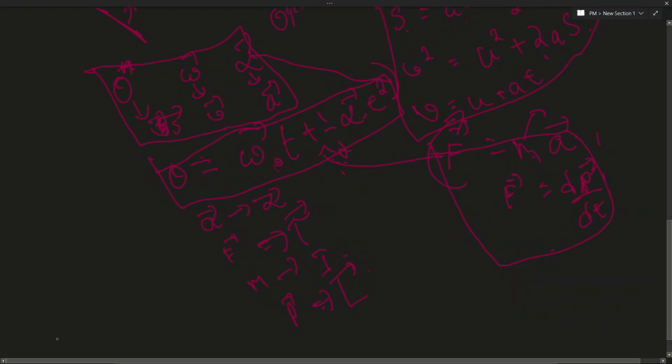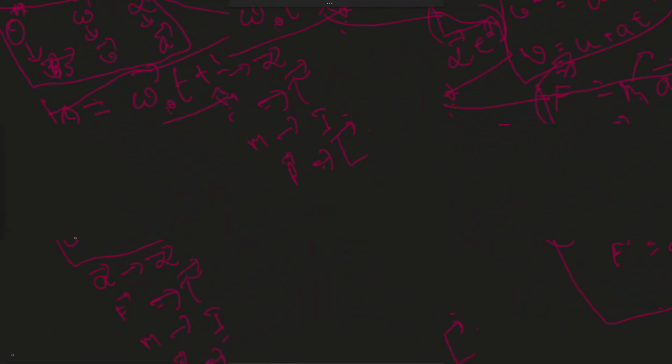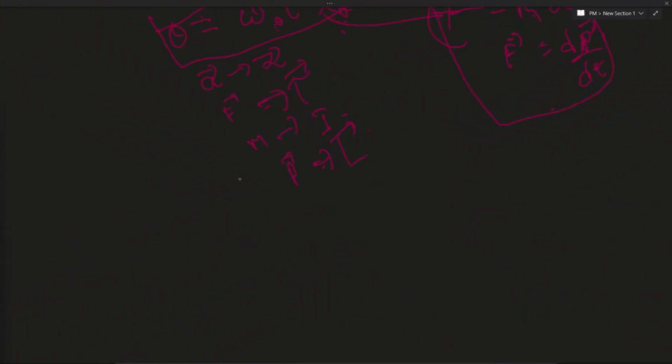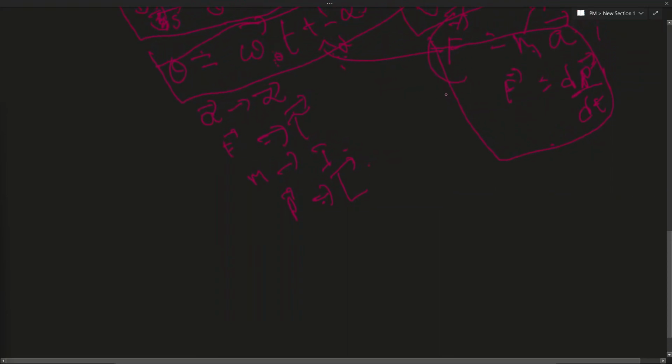So if we go to a new page here, if we assume these, then according to the respective analogous linear equations, the equations in linear motion, for F is equal to ma, we must get an equation that is of this kind.